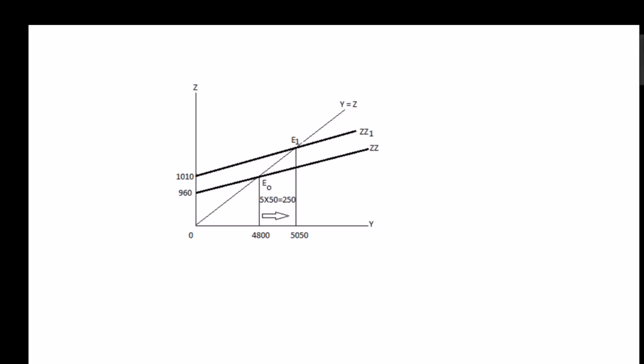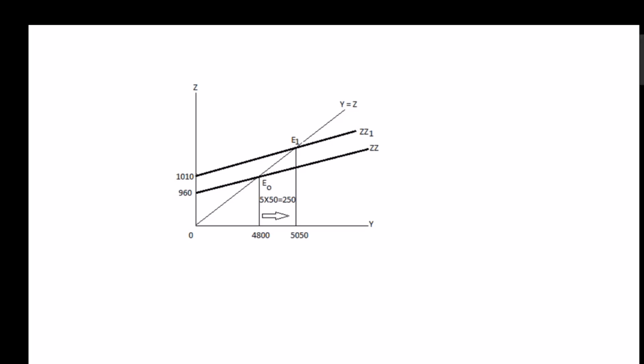In this example, we have an increase of 50, and therefore your ZZ curve shifts up to 1010, and your curve is upward sloping also to ZZ1. It cuts the 45 degree line at a new, higher point, which is E1. So at the autonomous spending of 1010, your new equilibrium level of income is 5050, which we calculated.